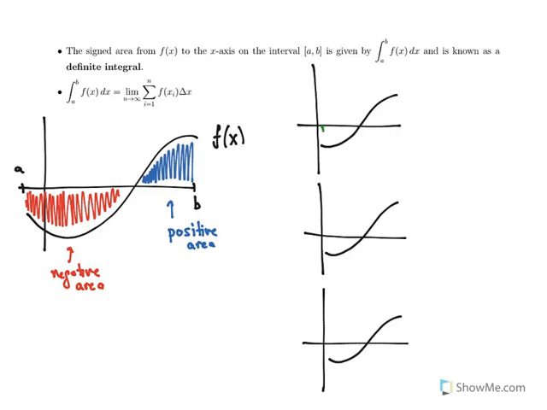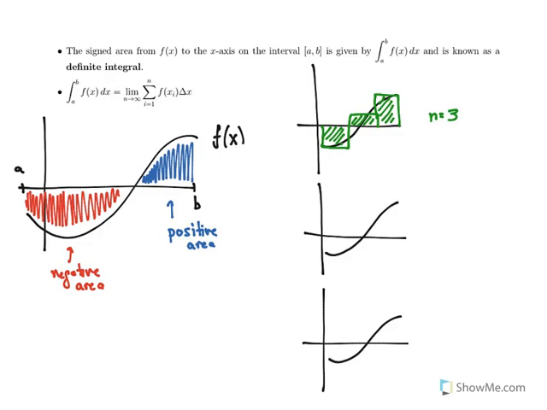So the first one, let's say we estimated this with 3 rectangles, this area. The first rectangle would have a negative area, the second 2 would have a positive area, and this would estimate the area under the curve, the signed area from the function to the x-axis.